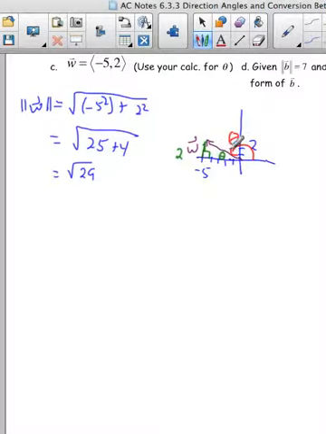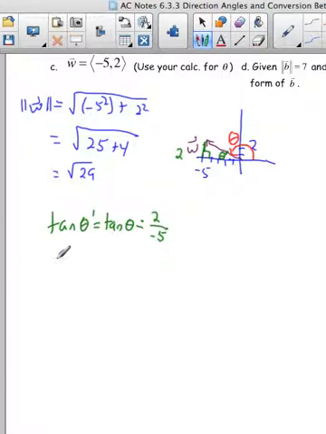The tangent of theta prime is going to be the same thing as the tangent of theta, which is the angle that we want, which is going to be the opposite side, 2, over the adjacent side, which is negative 5.